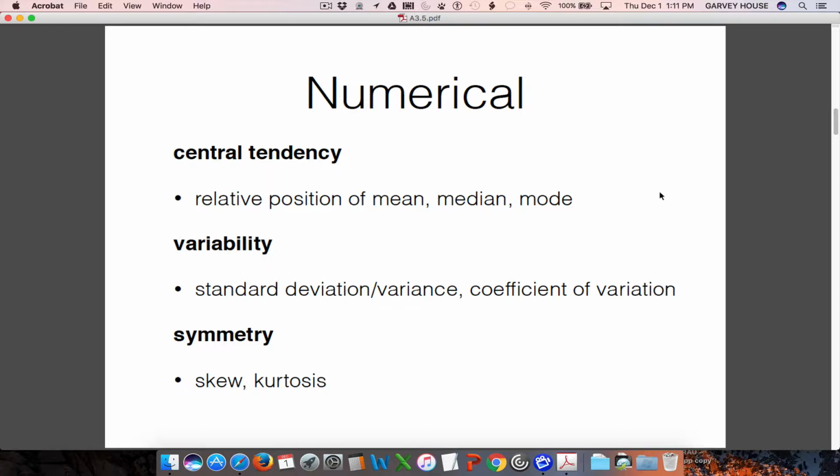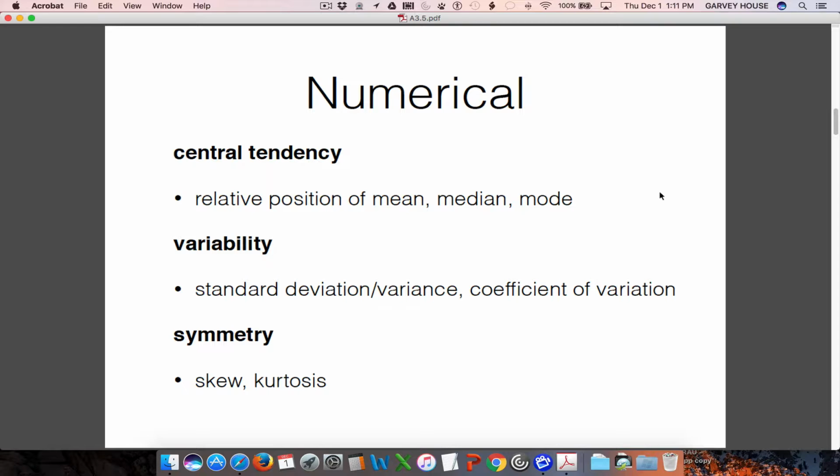The way that you describe skewness is in terms of skew being positive or negative. And you'll always know which way it is because the tail will point in the direction of the skew. So if it's pointing in the positive direction, that's a positive skew, and if it's pointing in the negative direction, that's a negative skew.